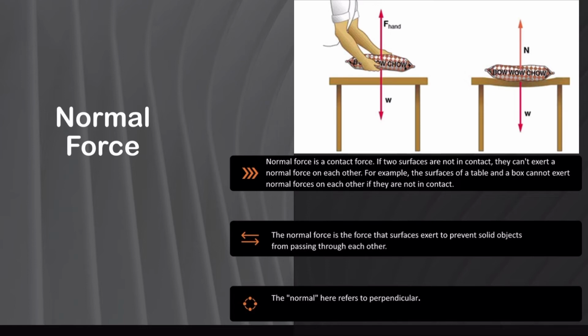There is a support force or normal force acting upon that book, and that's why the book cannot pass through the table, break it and fall down.